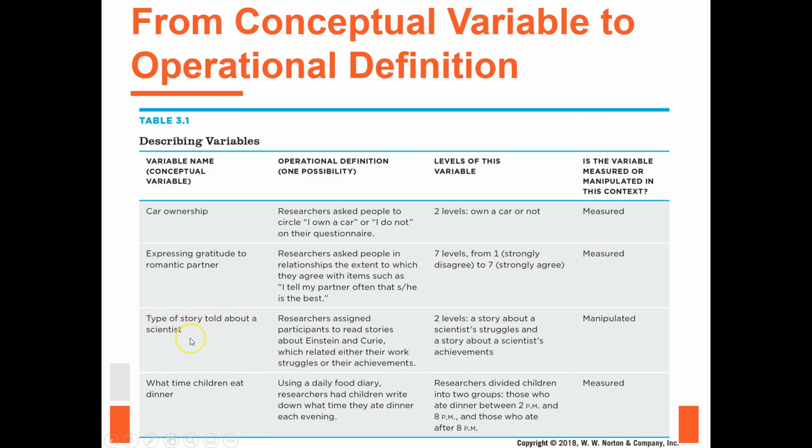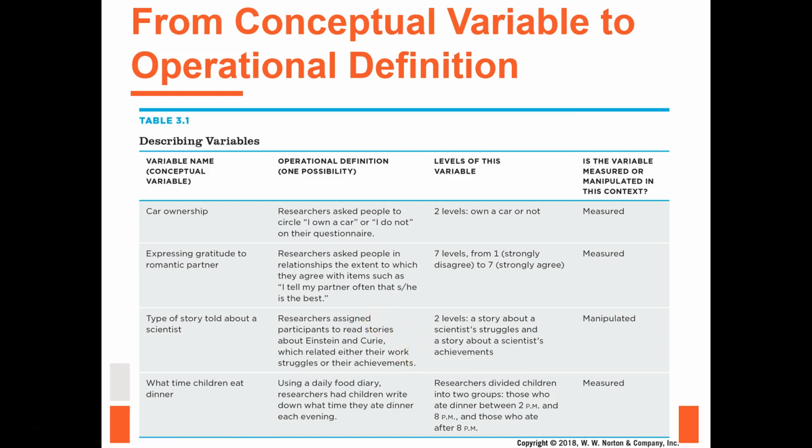Type of story told about a scientist. So researchers could assign participants to read stories about Einstein and Curie, which related either to their work, struggles, or their achievements. Okay, and so the idea here is that depending on what type of story someone is told about a scientist or a researcher, either one that is related to how much they struggled to make their discoveries, or just focused on their achievements, look at all the amazing things they did, would that affect something?